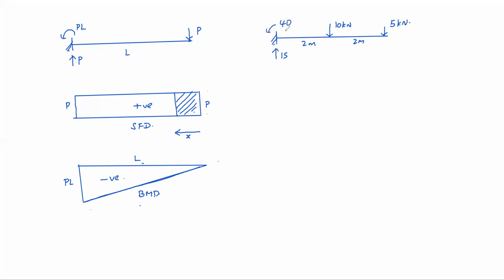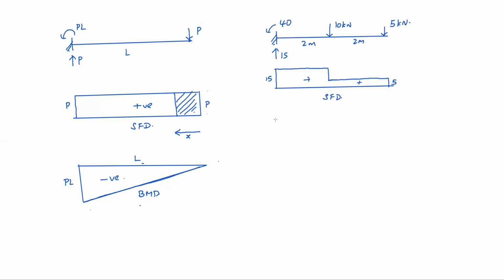Now the shear force diagram is simple: 15, horizontal up to here, then 10 down, then 5 remains like this. So positive. This is the SFD.